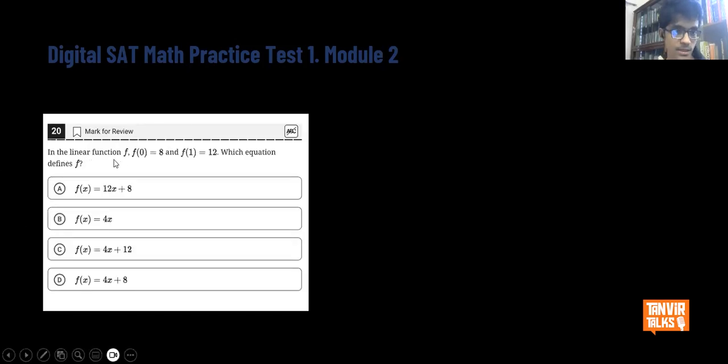Okay, next it says: in the linear function f, f of 0 is equal to 8 and f of 1 is equal to 12, which equation defines f. Okay, so they give us two points, x1 y1 is equal to 0, 8, right?